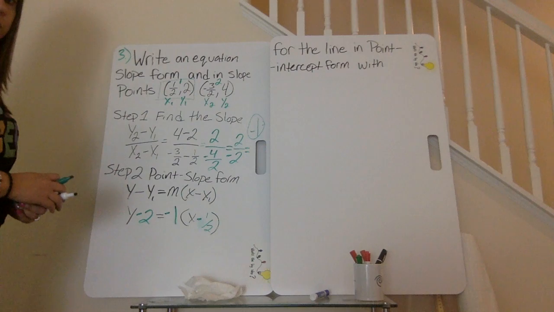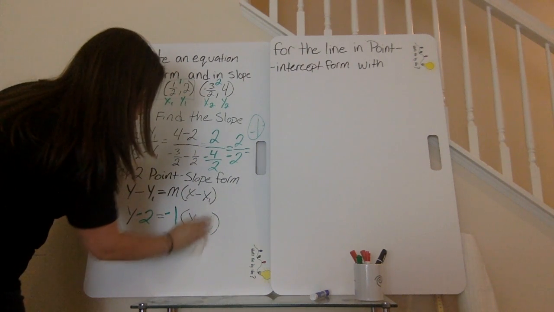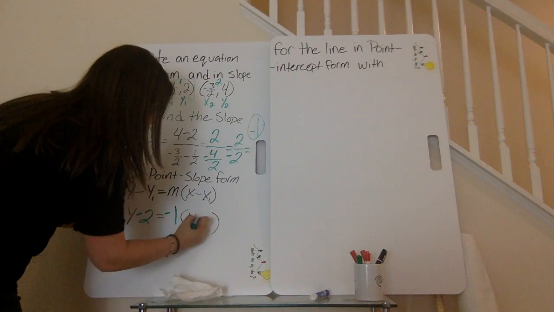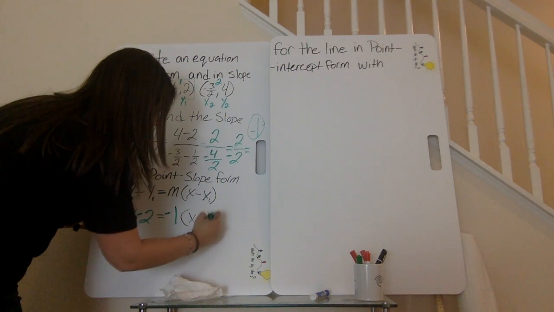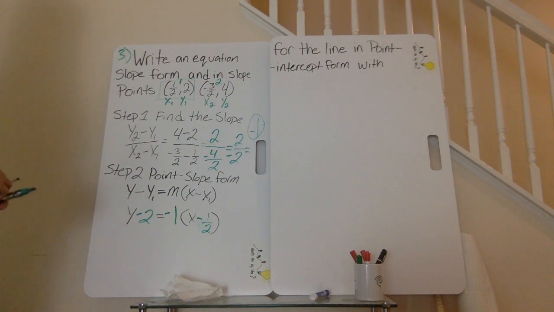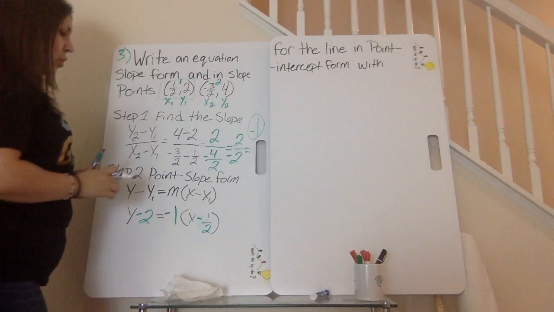It looks kind of funky for you guys, so let me rewrite that. If you guys don't mind, I am going to move this over, and I'm going to use that second bar over there.